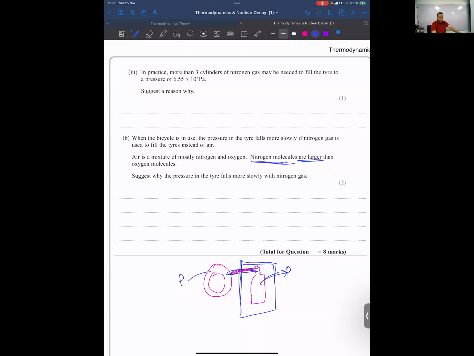Since nitrogen molecules are larger, it's harder for them to escape the tire.